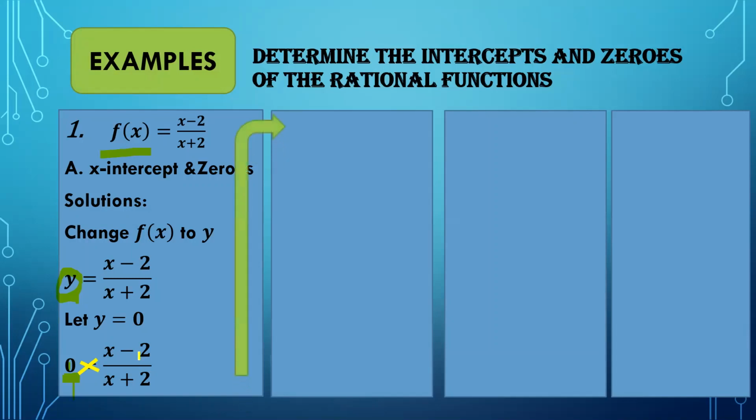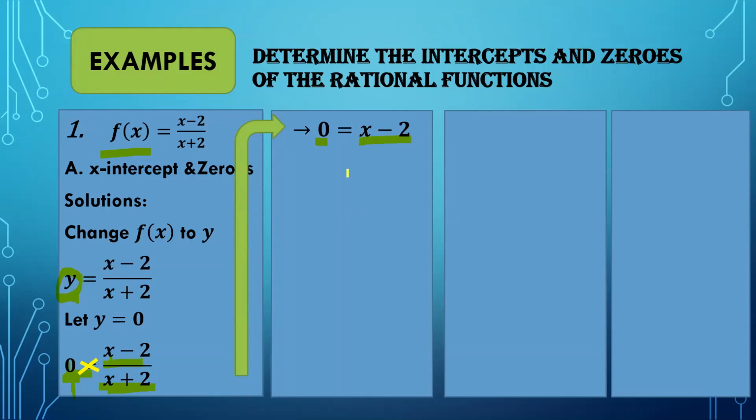So therefore, we have 0 is equal to x minus 2.